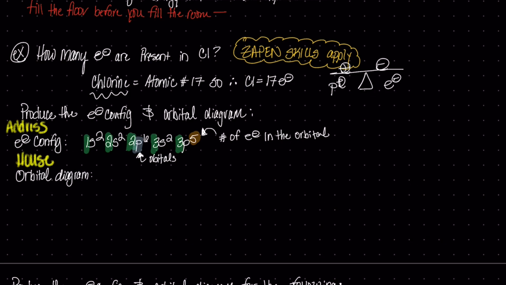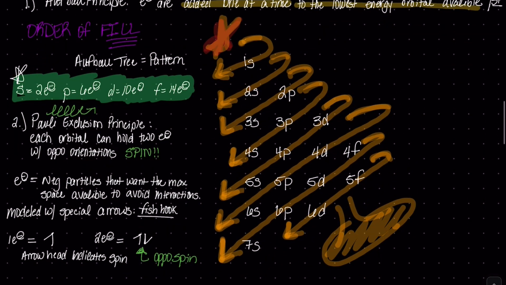The principal energy levels are those big front numbers, and they line up with what we have here.